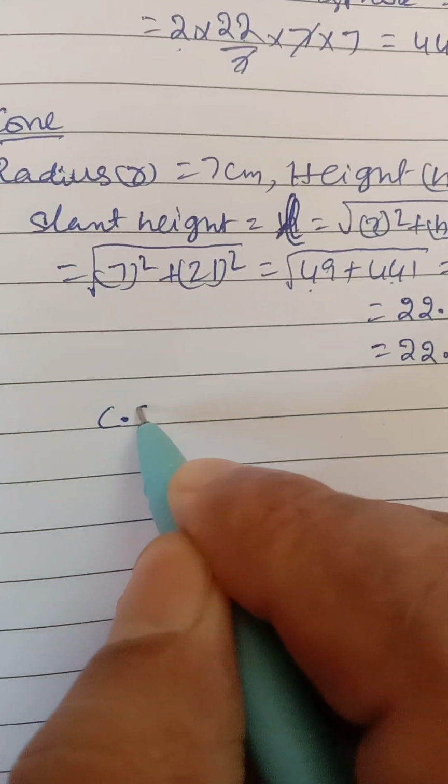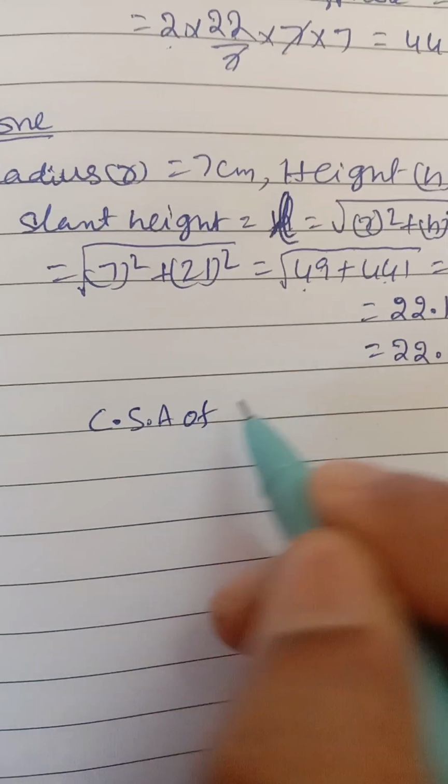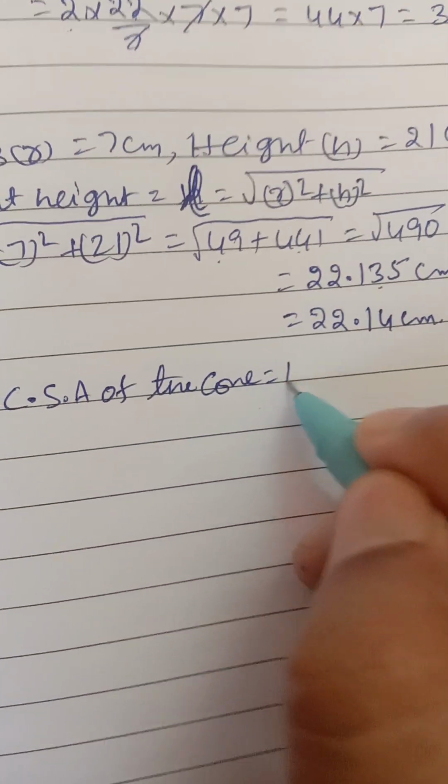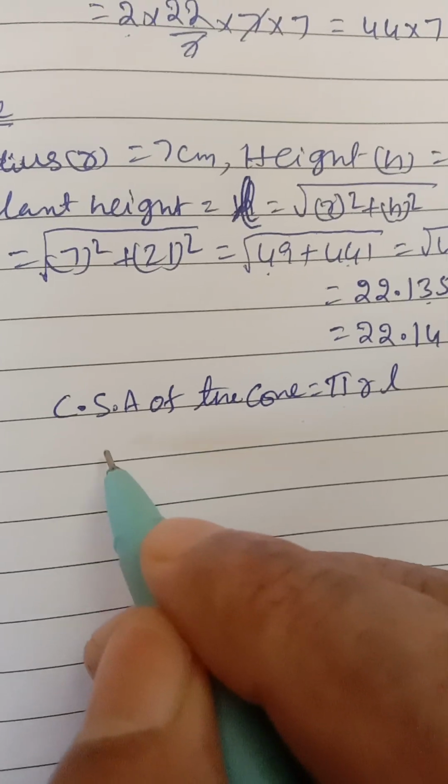Therefore, curved surface area CSA of the cone is equal to pi r l.